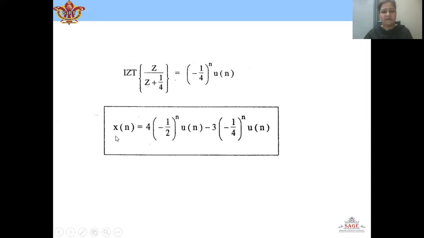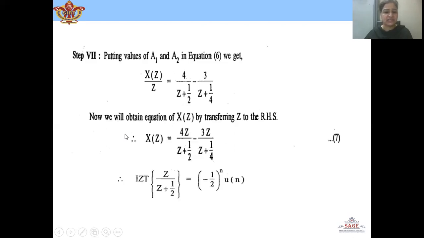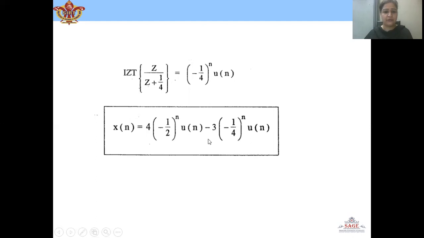So, here for finding the inverse z transform, that is x[n], we will find the inverse z transform on both the sides. X(z) will be taken as x[n]. 4 times the inverse z transform of z upon z plus 1 by 2 is minus half raised to power n u[n]. Minus 3 times z upon z plus 1 by 4 will be written as minus 1 by 4 raised to power n u[n]. So, this will be the solution.